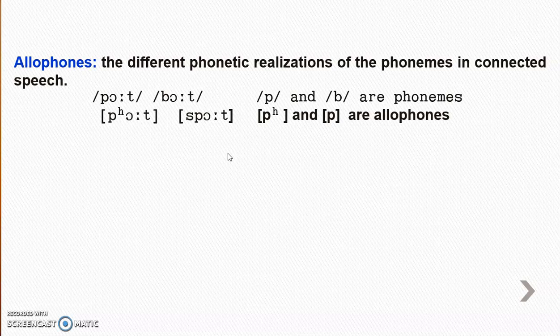Well, so you have to remember that if I change the phonemes, I'll change the meaning completely, and you can get into trouble. Now, what if you use the wrong allophone? What if you don't aspirate the p in port? Well, you won't change the meaning. You'll sound weird. Okay? So the idea is to use the right allophones so as not to sound weird and to articulate sounds as accurately as possible.